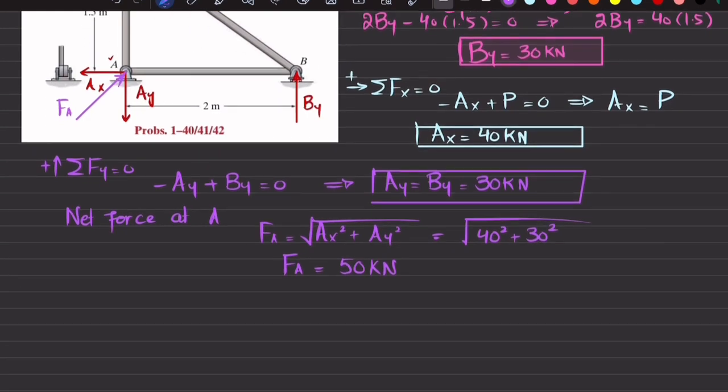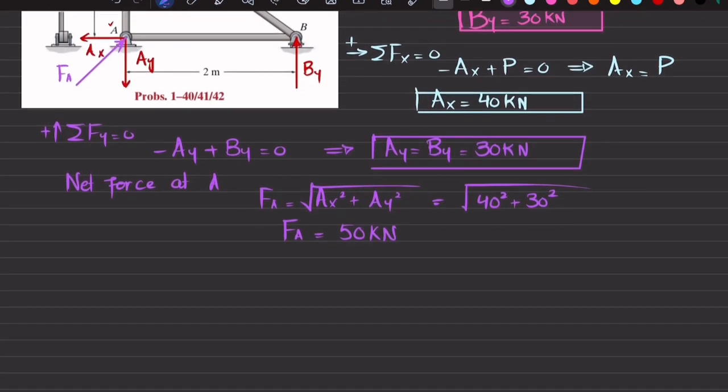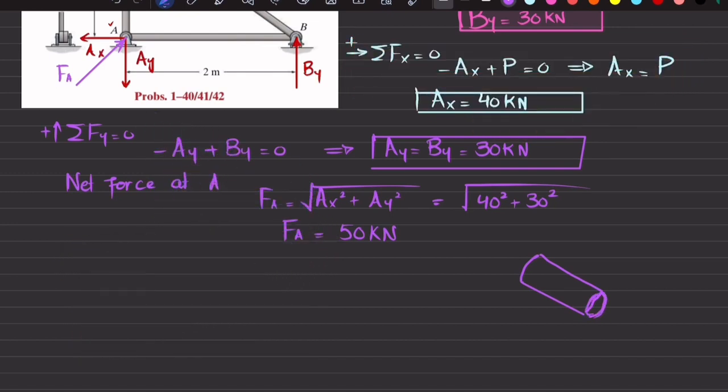Now this 50 kilonewton acts on the pin support at point A. You can see that we have been given that each pin has a diameter of 25 millimeter and is subjected to double shear. It means that if you draw the pin like this, clear? The net force that is acting on this pin is in this direction. Why?